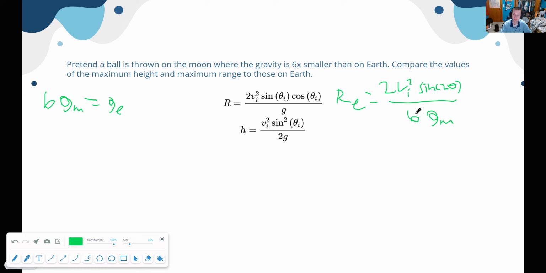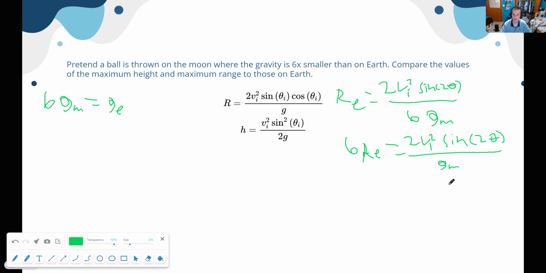Then you can multiply the 6 over here. So then you're going to get 6 r sub e is equal to 2 v_i squared sine of 2 theta all over g sub m.